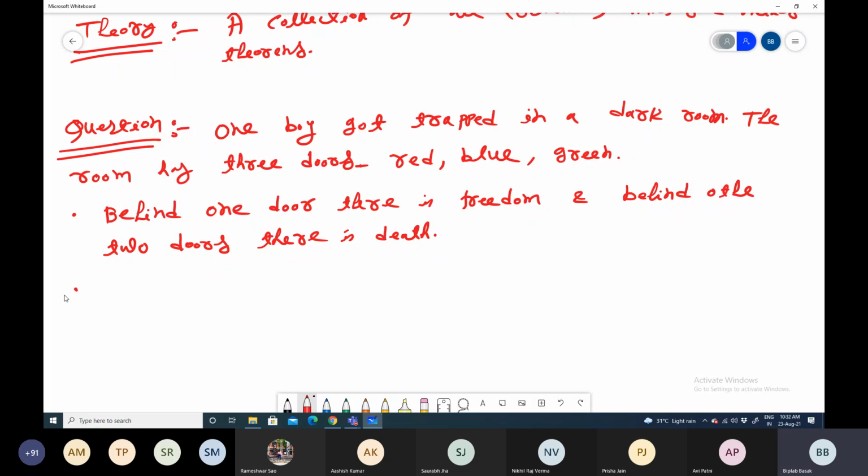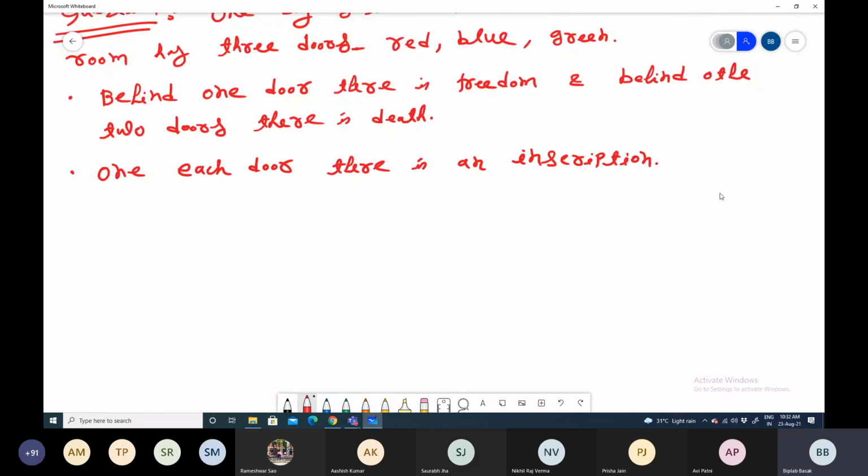Okay. And on each door, there is an inscription. It is something written on each door.